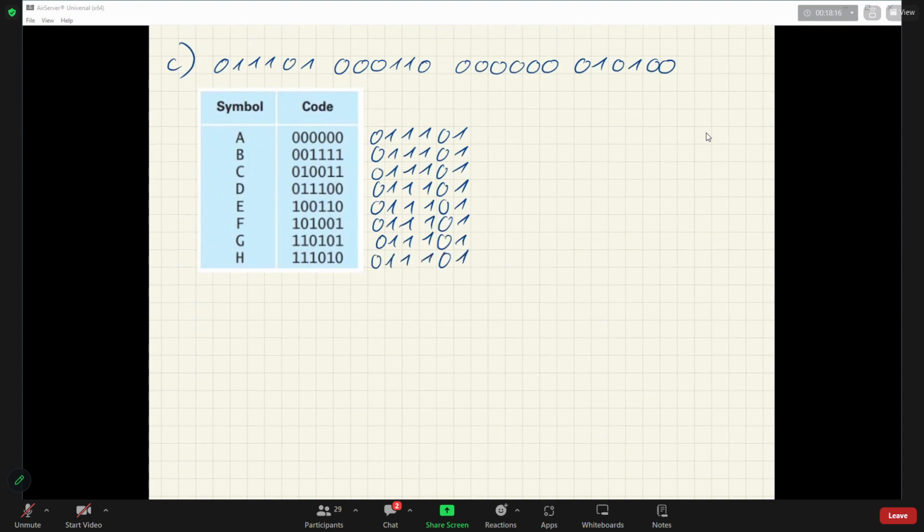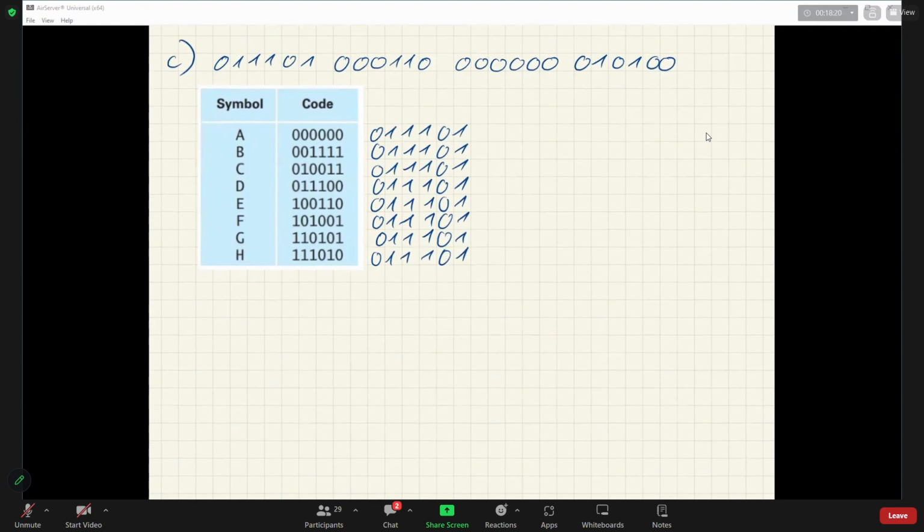And now let's just mark where the bit patterns are different. So here, the second, third, and fourth bit is different, and the last bit is different. So the Hamming distance here is 4. Clear? Yes, it's good.